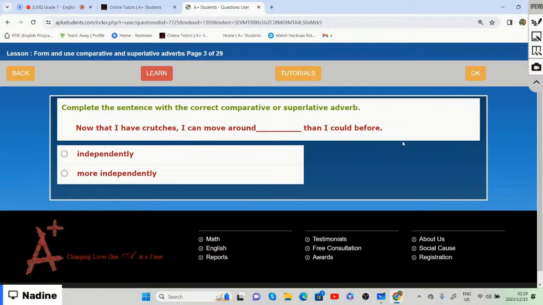And remember we said that if it has two or more syllables, then we either add more or most in front of it.